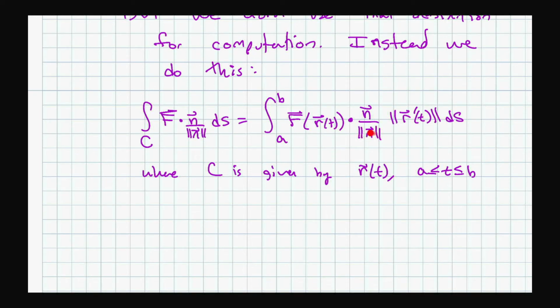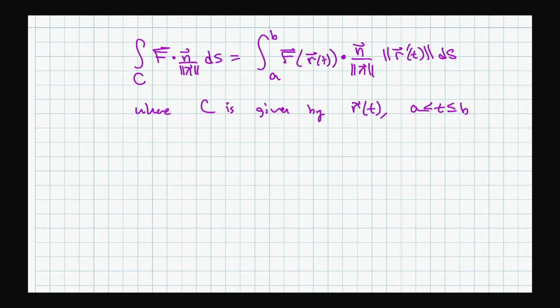We haven't talked about calculating normal vectors, but the normal vector and r prime are going to have the same magnitude. The magnitude of n equals the magnitude of r prime. I'll put an asterisk there because we'll justify that.